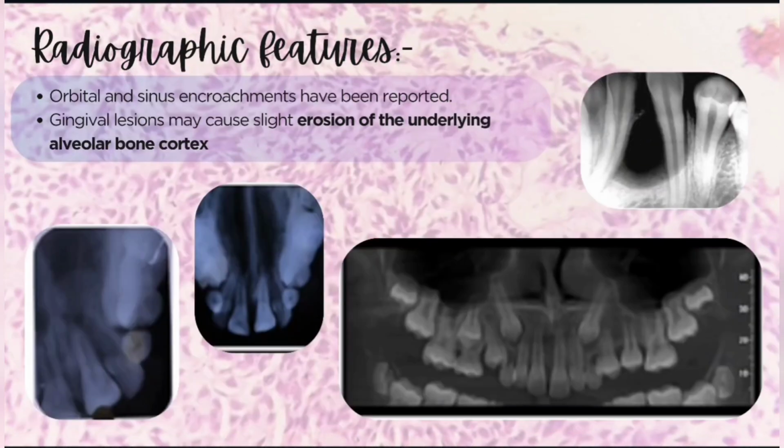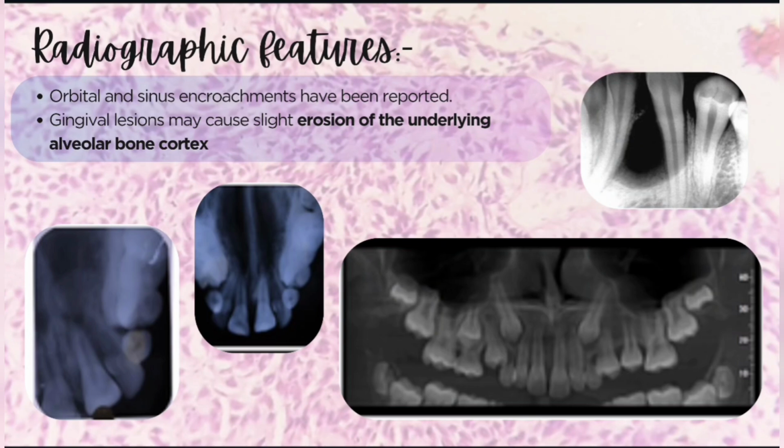Other radiographic features include orbital and sinus encroachment. Gingival lesions may cause slight erosion of the underlying alveolar bone cortex, but it cannot be clearly seen, as we know that gingiva is a soft tissue structure, so we can't appreciate the radiographic features of the gingiva.